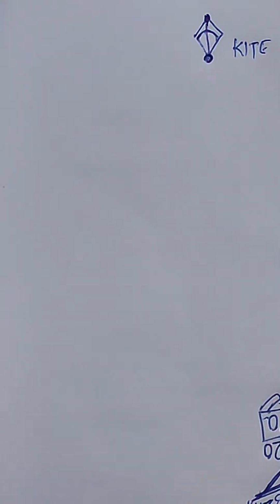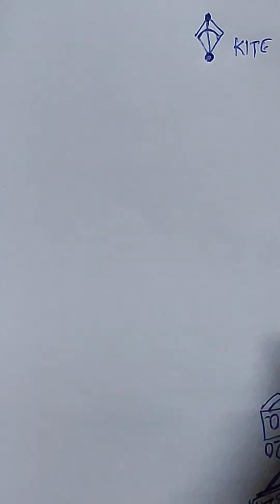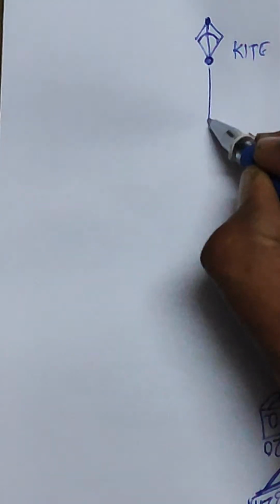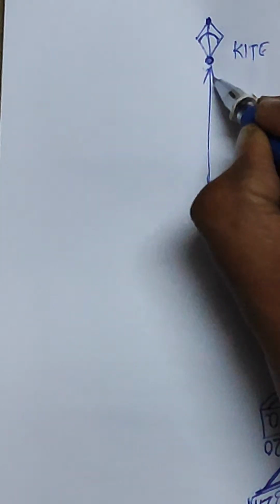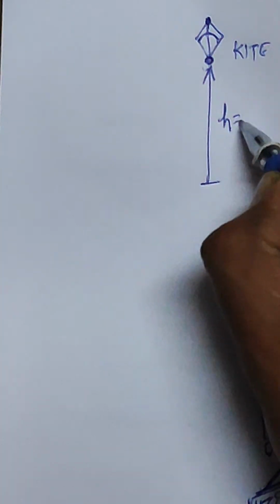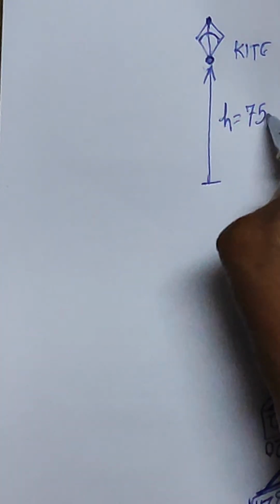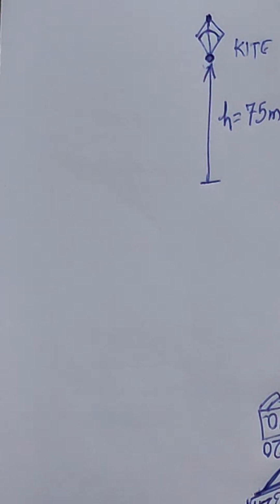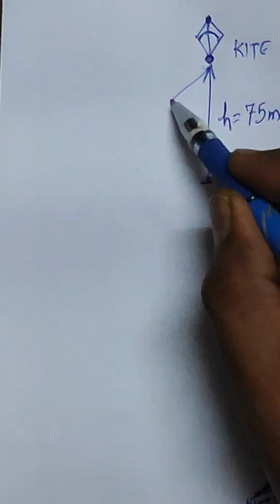If the kite is flying at a height of 75 meters, let us say this height of kite is 75 meter as given to you, right? Now attached to a string inclined at 60 degree to the horizontal, find the length of the string to the nearest meter. Okay, so this is given to you.